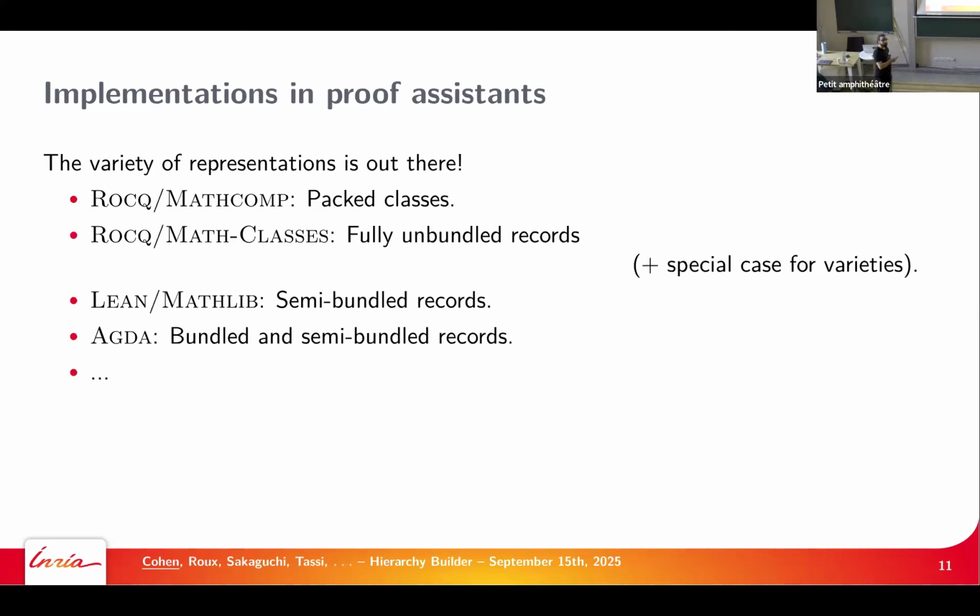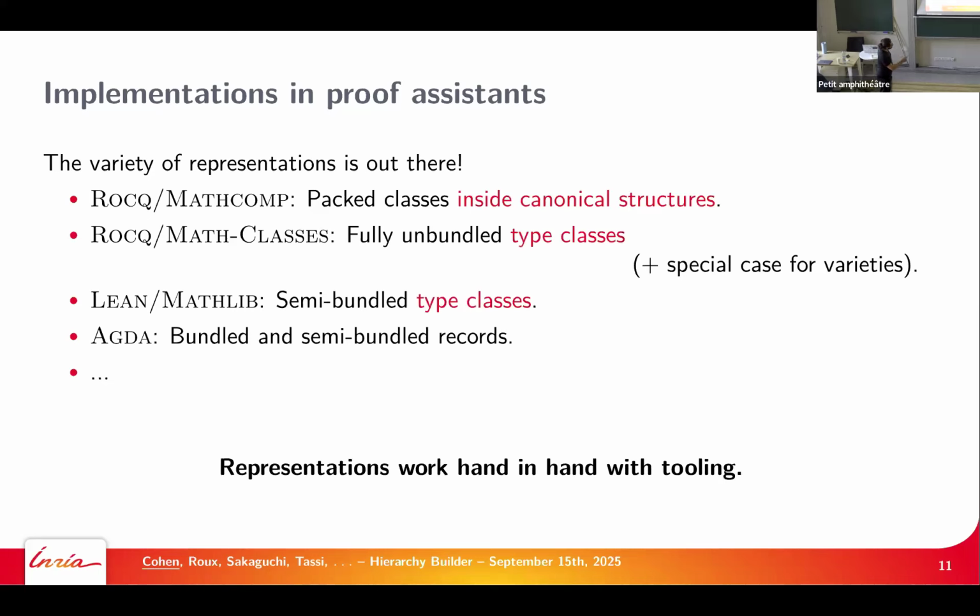Lean MathLib uses semi-bundled records, but I didn't know there were plans to unbundle. I'm eager to learn about it, by the way. And Agda uses both. Actually, MathLib also has the option to bundle, but then you lose inference as far as I know. I mean, you don't lose it completely, but the inference is expected to work on the unbundled ones.